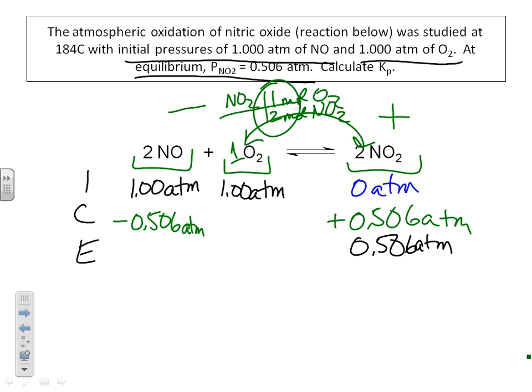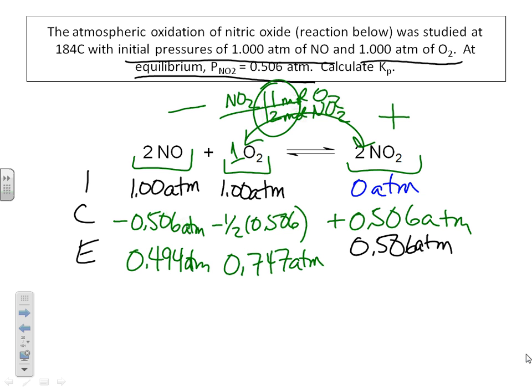Look at that, that's a half. 1 divided by 2. So this is going to be subtracting half of 0.506. That's the change for the O2. Then we simply do a little bit of math. It's just what's 1 minus 0.506, and that's 0.494. And then what's 1 minus half of 0.506 is 0.747.